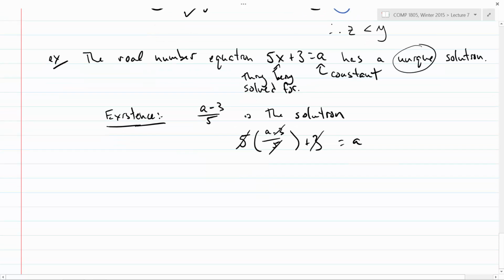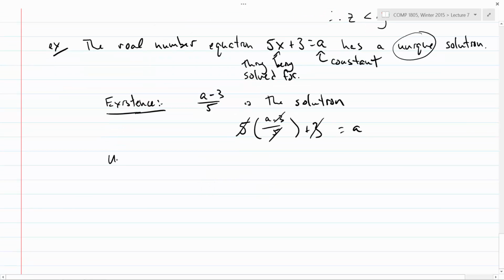The next part that we do after existence is uniqueness. We know that this solution exists. Now we have to prove that it's unique. To do that, we suppose we have two solutions.